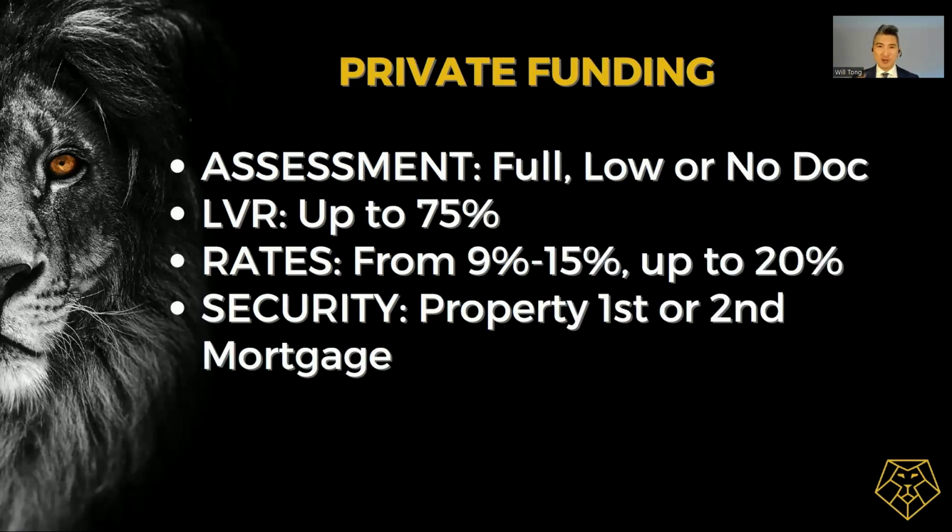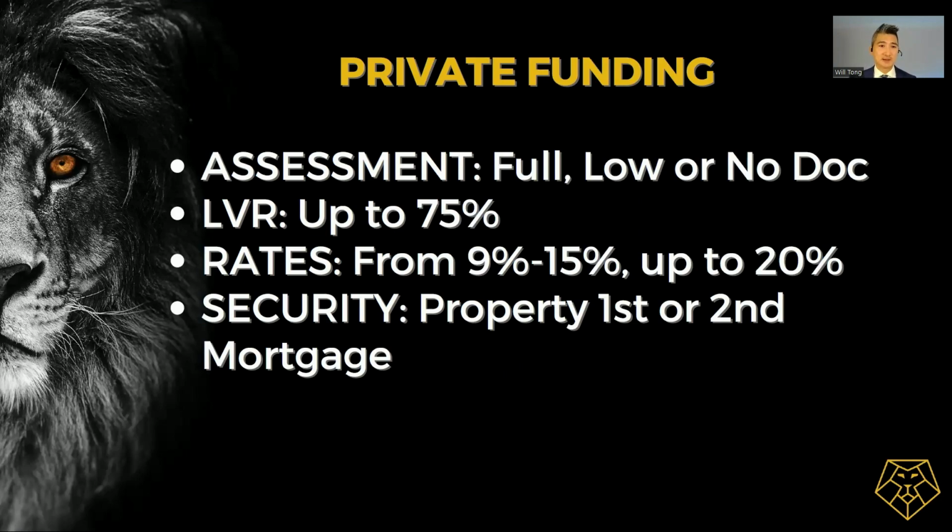Private funding. So private funding is usually for people that have exhausted all other funding options. They can't get more funding from banks or lenders, so usually they go to a private lender. Now, in terms of assessment, depending on the private lender, they'll either apply a full doc, low doc, or no doc assessment.